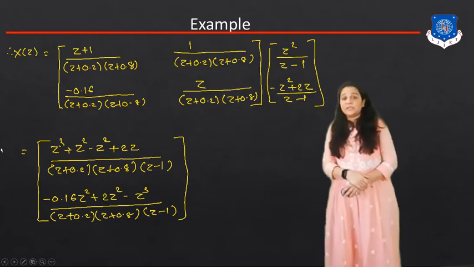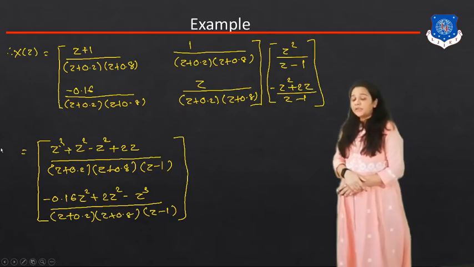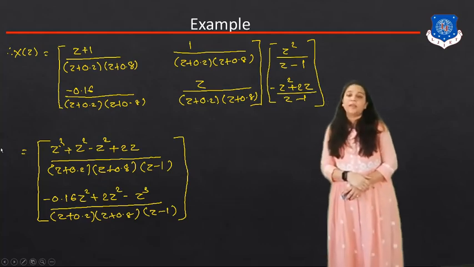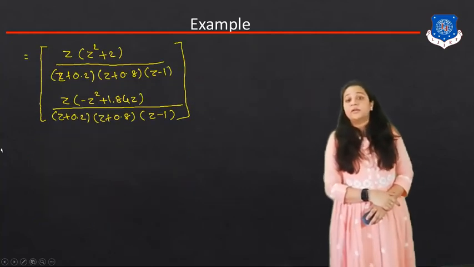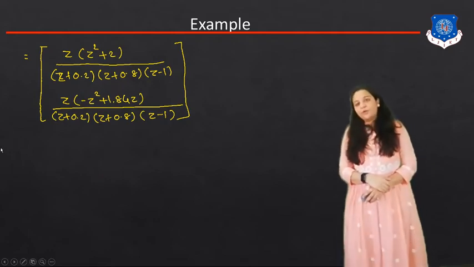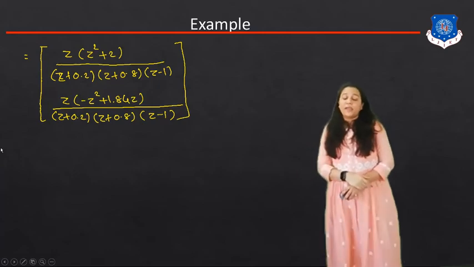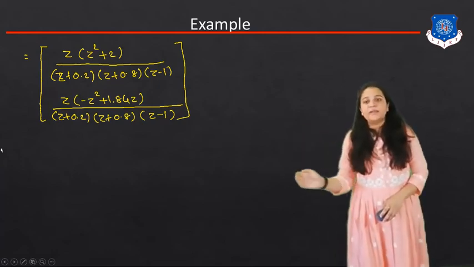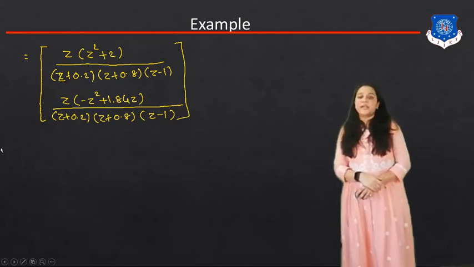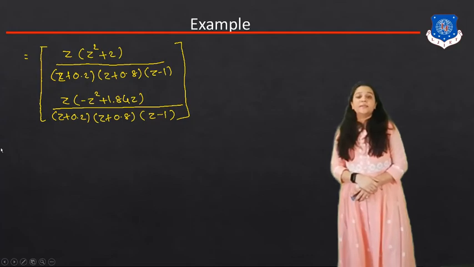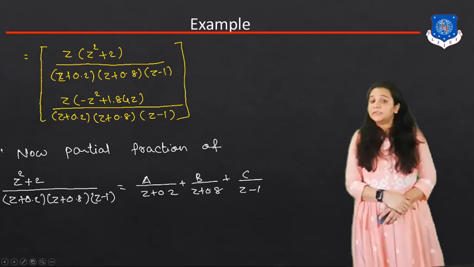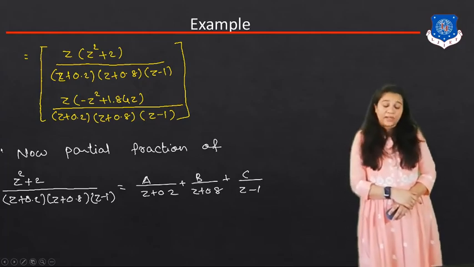Now here you can see that if we simplify this matrix, some terms in the numerator will cancel out and we can get x of z in this manner: z in this bracket z square plus 2 upon (z plus 0.2)(z plus 0.8)(z minus 1), and the second factor is z in this bracket minus z square plus 1.84 z upon (z plus 0.2)(z plus 0.8)(z minus 1). Now simply you have to find the values of A, B, C using the partial fraction method.